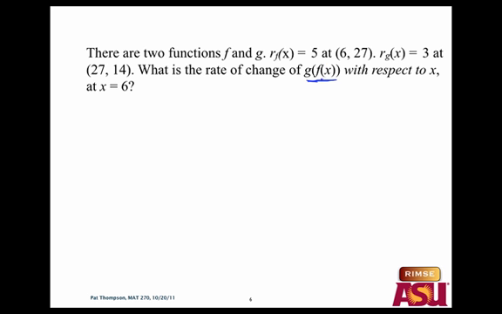So we're going to start with a change of x. If we have a little tiny change in x, close to x equals 6, what will the corresponding change in f be?